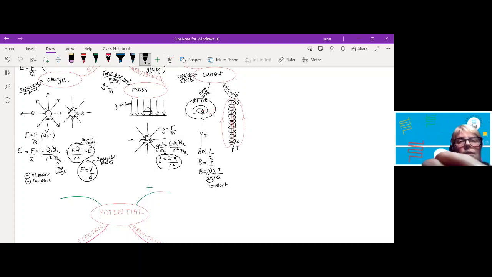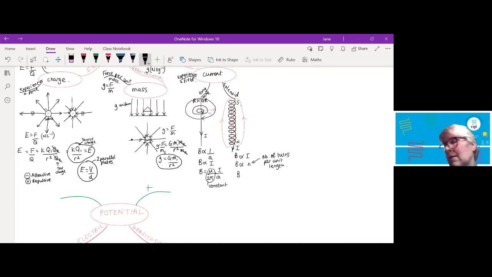So in this case, the magnetic field is proportional to the current, and it's also proportional to the number of turns per unit length. We can put all of that together.